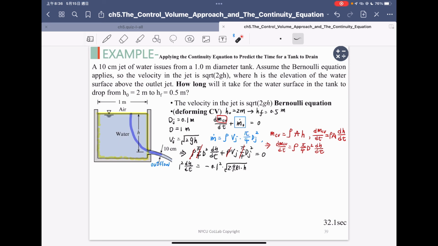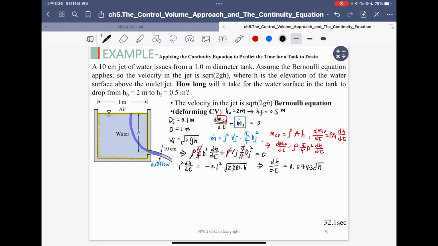Before that, I use the calculator to compute all of the constant values in our equations. So root of 2 times g multiplied by 0.01 will equal to 0.0443 root h.